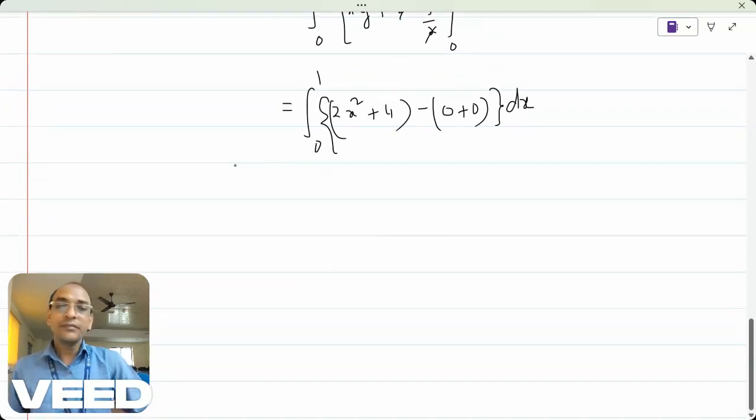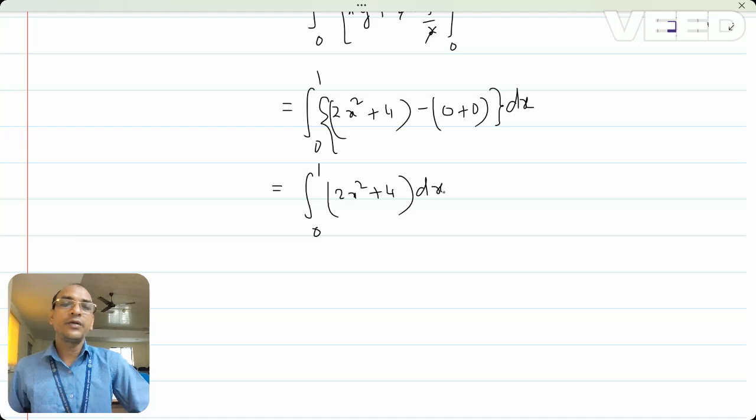After that, I will once again simplify it. Integration 0 to 1, and this is 0. The remaining thing is 2x square plus 4, and I will integrate it with respect to x. What is the integration of 2x square with respect to x? 2 is constant, it will be as it is. Integration of x square is x cube by 3, plus integration of 4 is 4x, and the limits are 0 to 1.